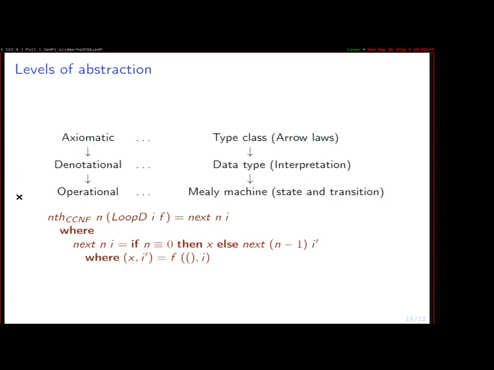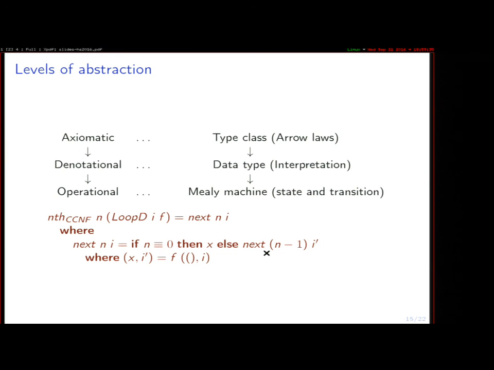And if we look at the optimized observation function here, we apply the transition function f to the input, which is unit, and the current state, and we get the next state and the current output. And the next state is used recursively for the next step.